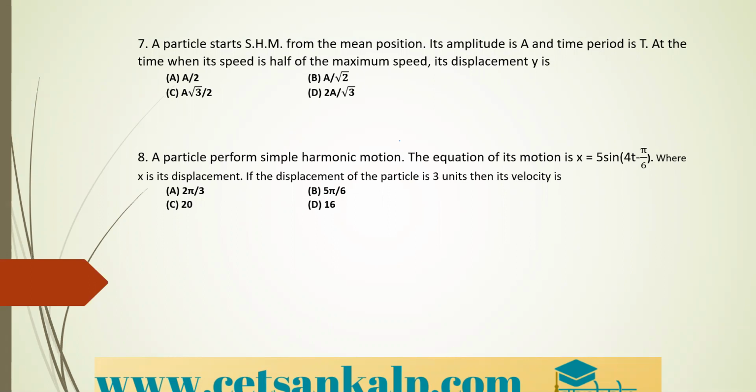Its amplitude is capital A and time period is capital T. At the time when its speed is half of the maximum speed, we need to calculate its displacement. How can we do this? See here.